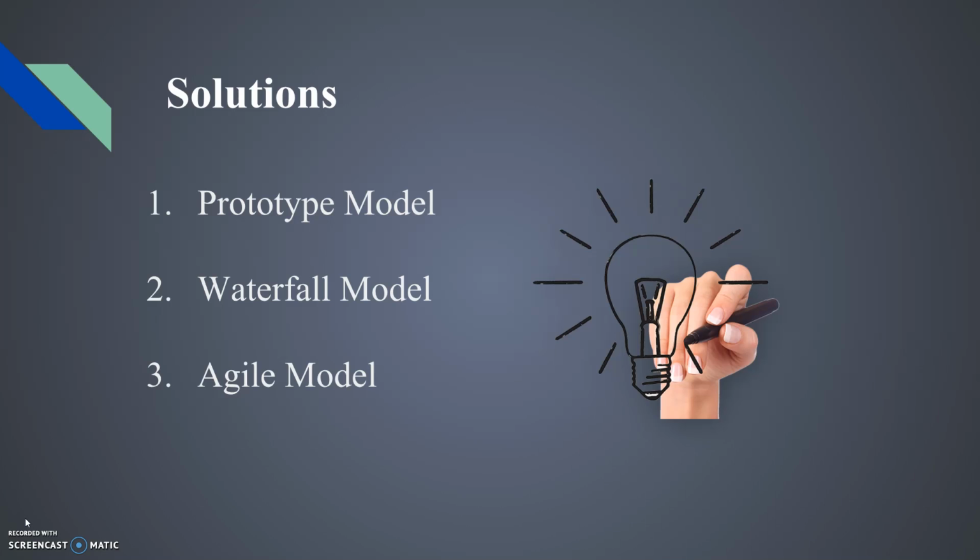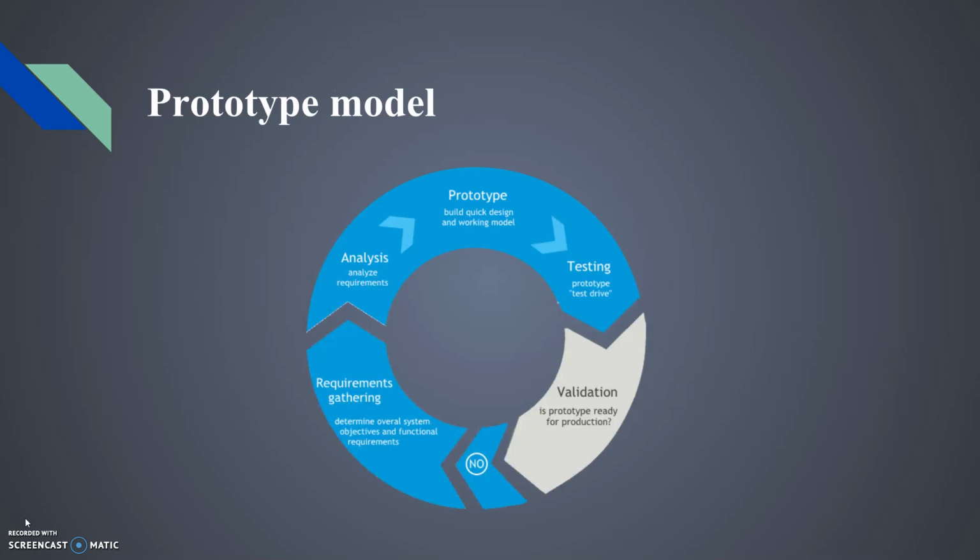About the solution, which includes prototype model, waterfall model, and agile model. First, prototype model. In the prototype model, instead of freezing the requirements before design or coding, the team can proceed to understand the requirements. The prototype is developed based on the currently known requirements.